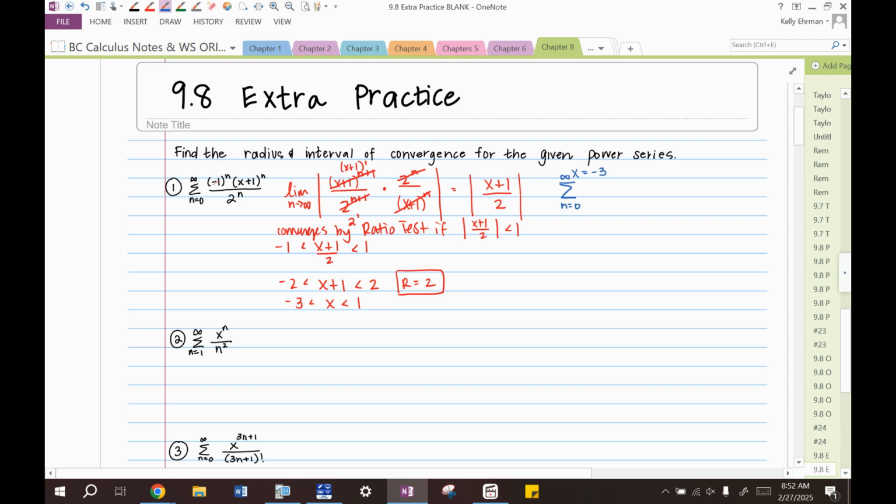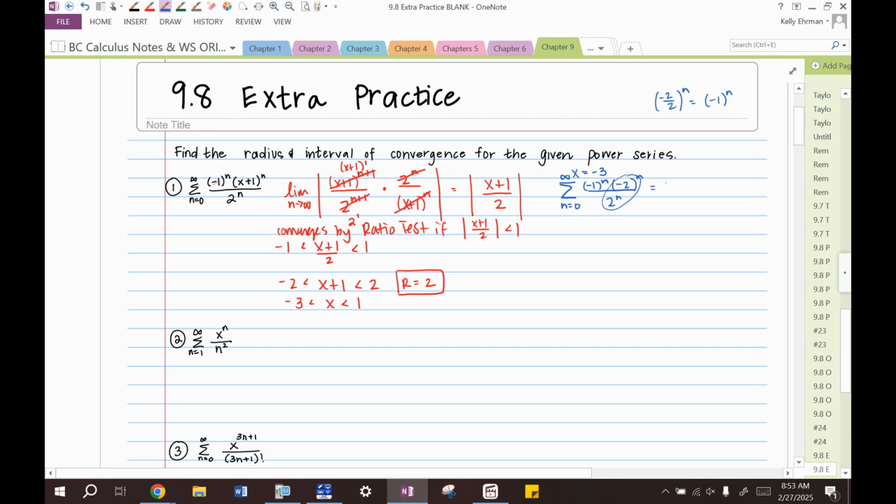So if you plug negative 3 in for x, you've already got a negative 1 to the n. Negative 3 plus 1 gives me negative 2 to the n, and you're dividing by 2 to the n. So now this right here, you can say this is the same as negative 2 over 2 to the n power.